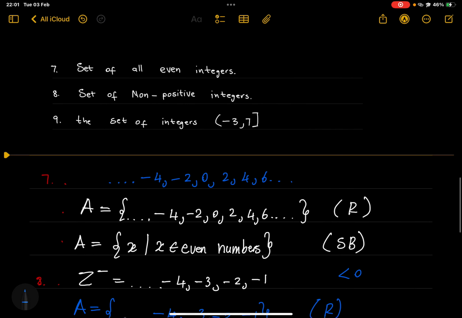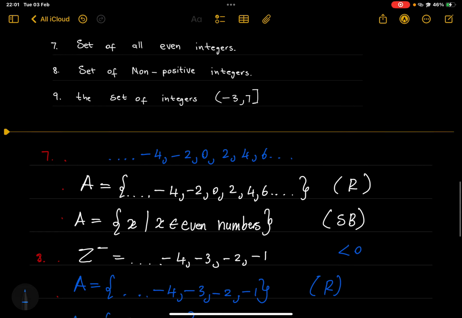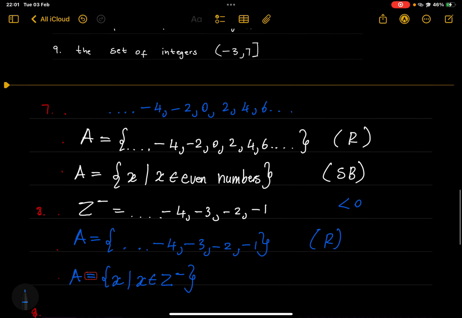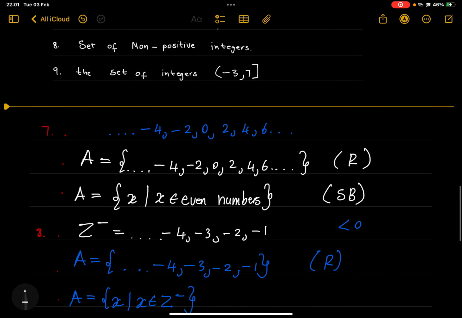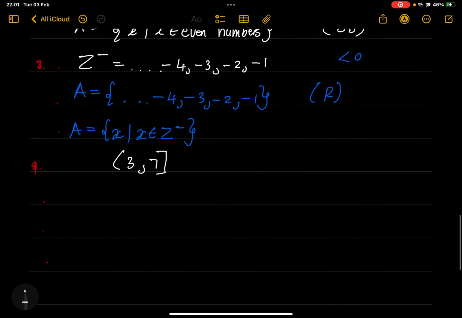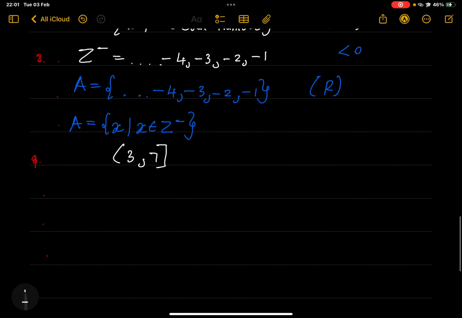So moving to number 9, they say set of integers between. They gave you an interval. The interval says something like this: from 3 until 7, that is defined. So they say those things are integers. So in simple terms, that's just trying to say integers that are greater than 3 but less or equal to 7, because this bracket means not included.